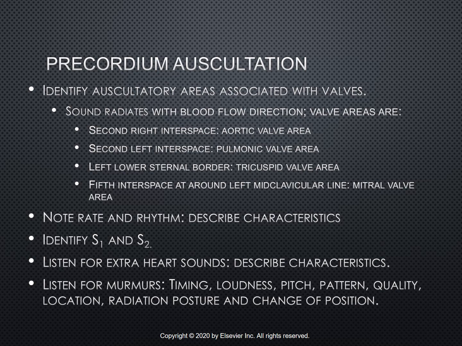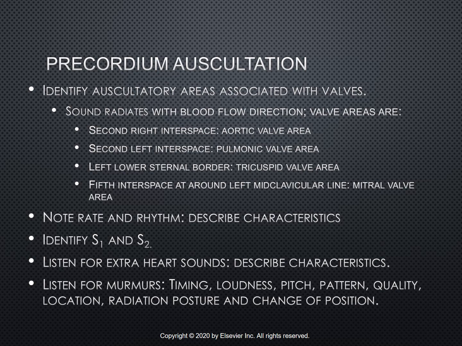Then in the third intercostal space to the left side of the sternum, you will hear Erb's point. The fourth intercostal space to the left side of the sternum, you will hear the tricuspid valve.